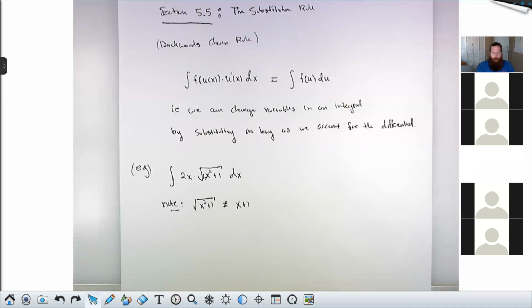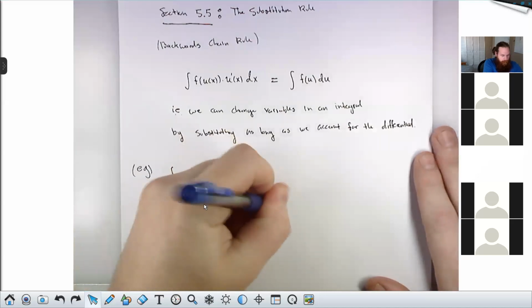But you have to remember that square roots never distribute over addition or subtraction. They distribute nicely over multiplication and division, but the square root and powers in general do not play nice with addition or subtraction. You'd have to do something like foiling out the square root, which is not doable, at least not without power series. So how do we integrate this?